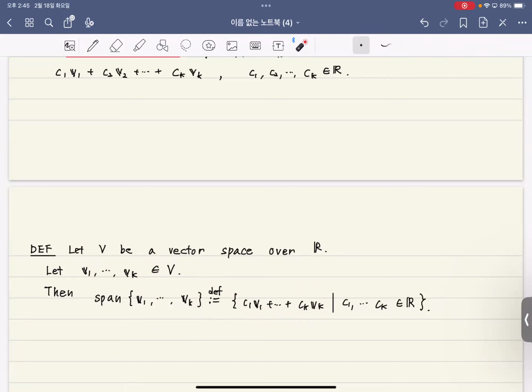Just try to imagine every possible linear combination that you can obtain out of these k vectors. The collection of all these vectors is what we call the span of these vectors. So this is a subset of vector space V.